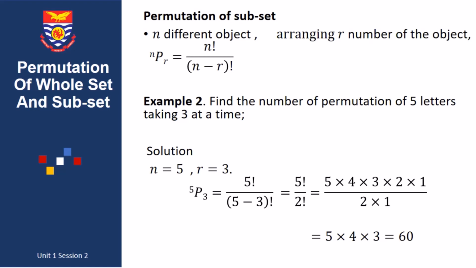So let's pick Example 2. Find the number of permutations of 5 letters taking 3 at a time.